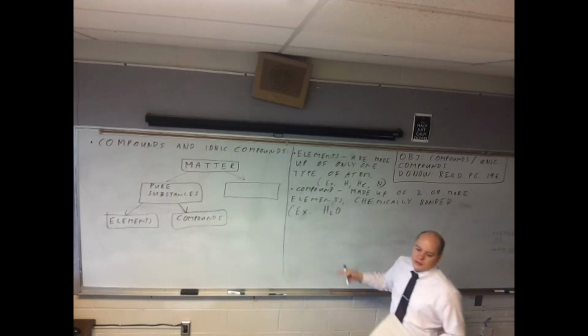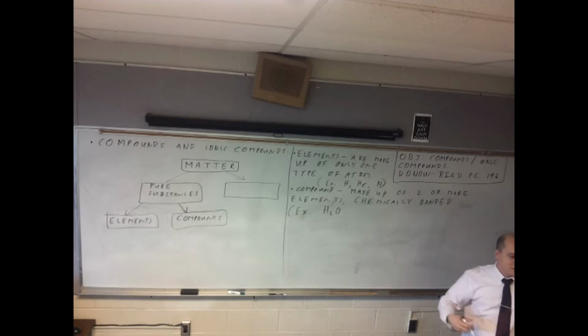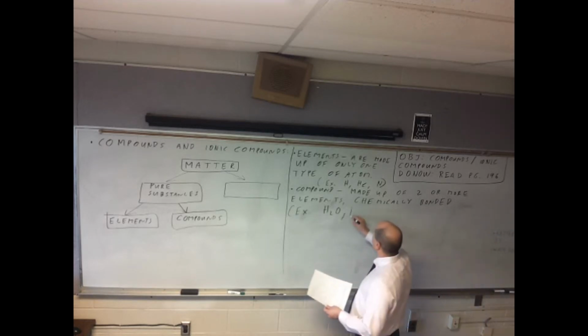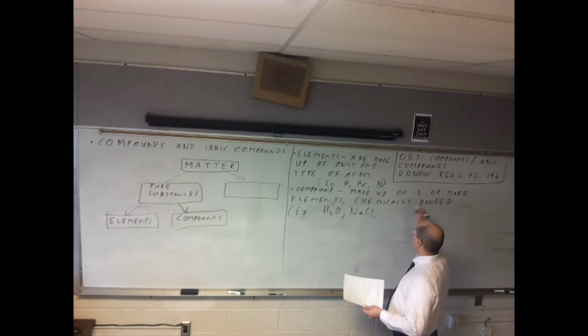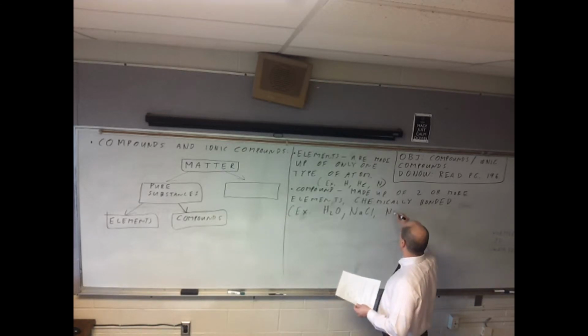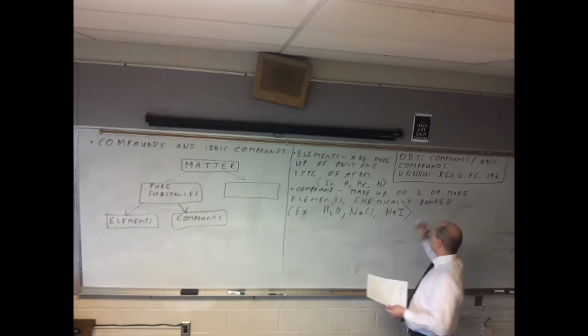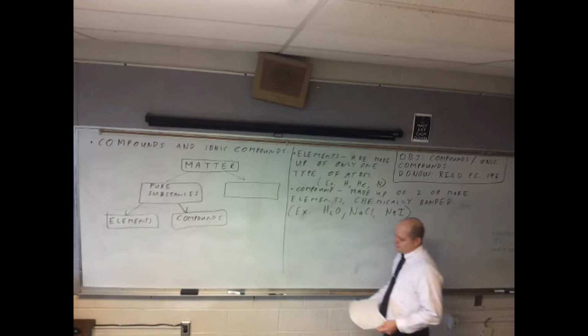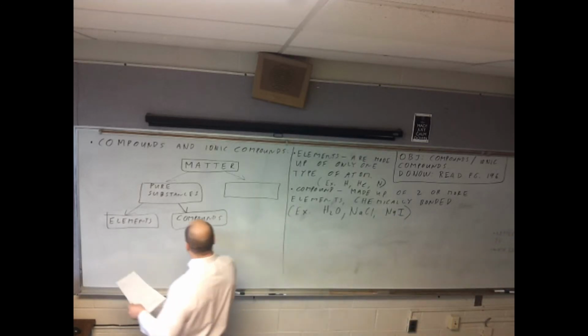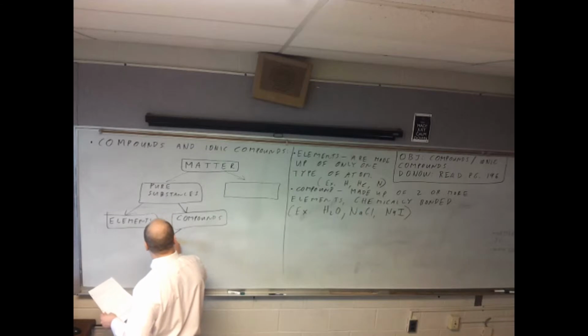There's two elements in that compound, hydrogen and oxygen bonded together. NaCl, sodium chloride. Could be sodium iodide. Anything where you see a formula that has more than one symbol in it, more than one element, then it's a compound.